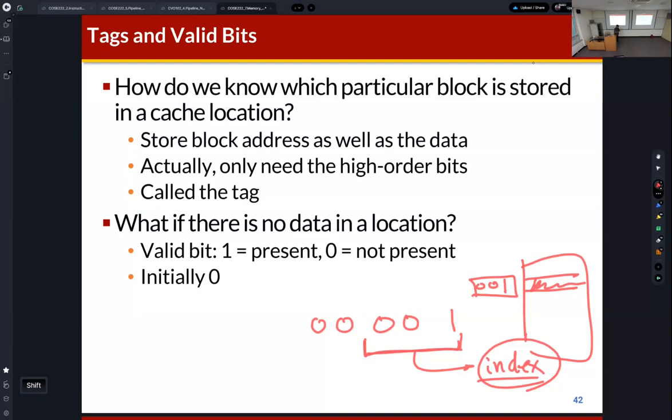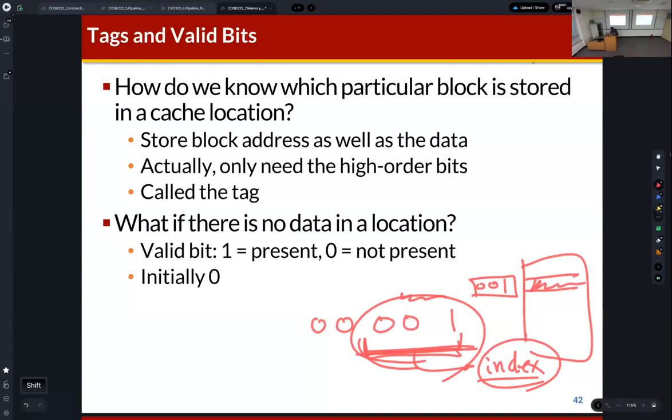I also mentioned that we need to store the address of the data in order to identify it, but we can use part of the address as the index. So we don't need to store those bits.